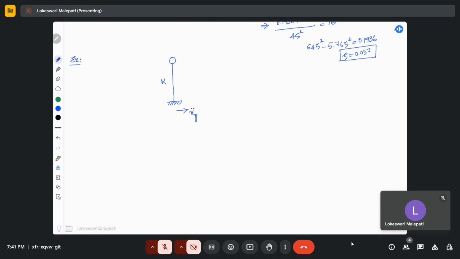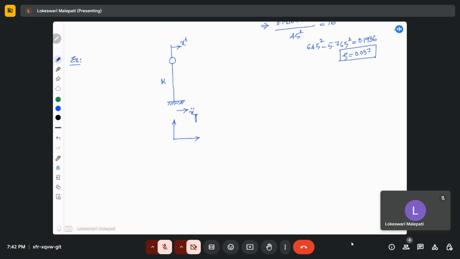The subscript g indicates this displacement is of the ground, and we have a certain frame of reference away from this ground. So the total displacement of this mass we can take as xt.